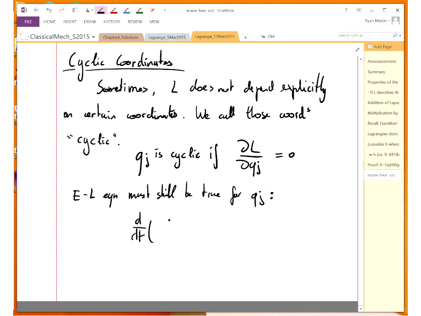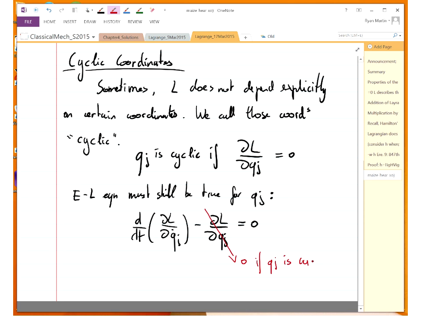So the Euler-Lagrange equation is d/dt of ∂L/∂Qj dot minus ∂L/∂Qj equals 0. Now the second term there, that's 0 if Qj is cyclic. That's by definition.